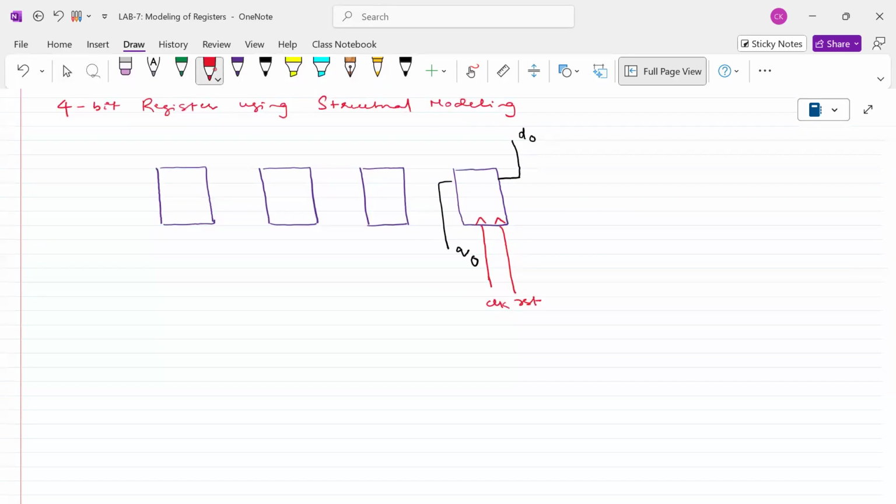So this is the one flip-flop. But for the same flip-flop, 4 bits are required, right? 4 flip-flops are required. The other 3 I have written here. Simply, I can write it in this way. This is the second bit, D1. This is called Q1. This is called D2. This is called Q2.